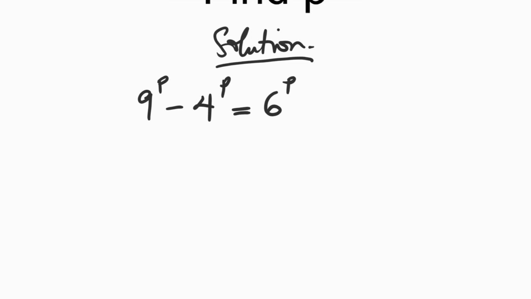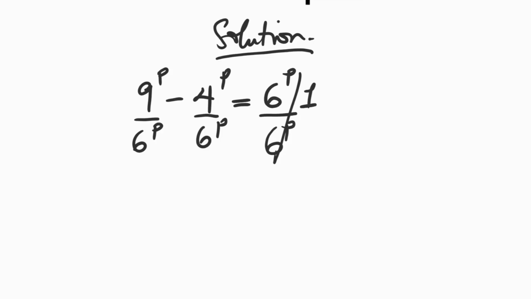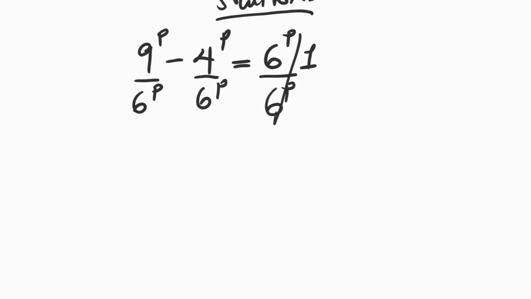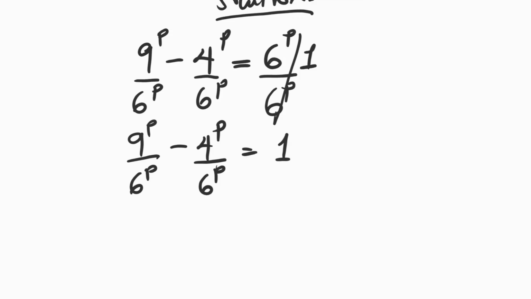So now we're going to start by dividing through by 6 raised to the power p. If we divide through, we get 1 on the right hand side. And here we have 9 raised to the power p divided by 6 raised to the power p, minus 4 raised to the power p divided by 6 raised to the power p, equals 1.